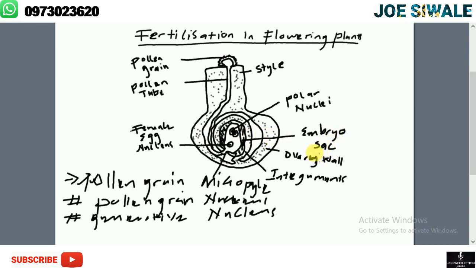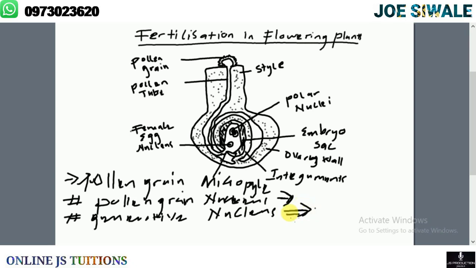As it enters the embryo sac, the pollen grain nucleus is going to disintegrate, and you're only going to remain with the generative nucleus.